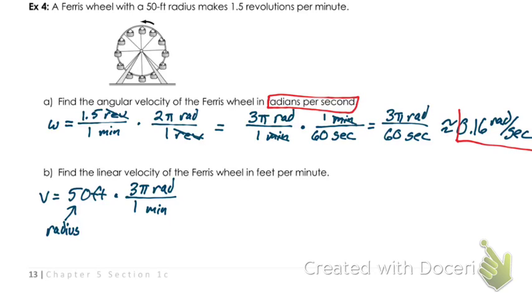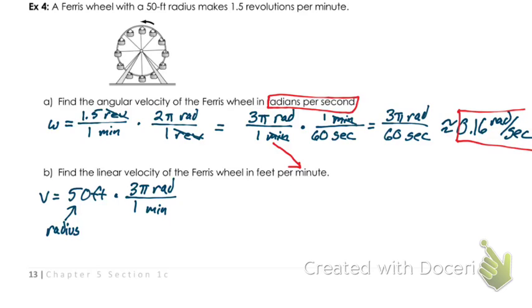So now I completed that first part. The second part, I'm just going to leave alone. Because if we look at what it needs to be in, it needs to be in per minute. So why not just take the one that's already in minutes versus the one in seconds and converting it back to minutes? It's just going to be easier if I use this one because we're already doing per minute.